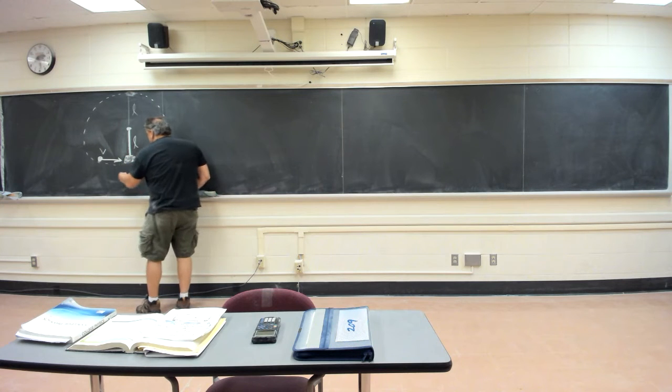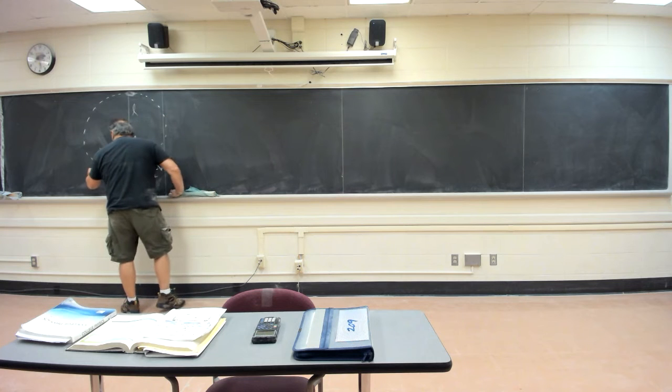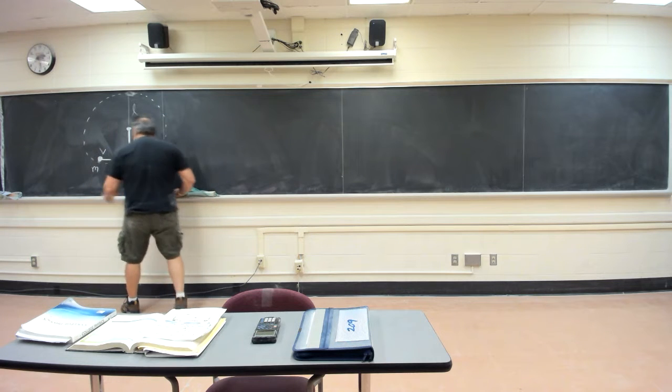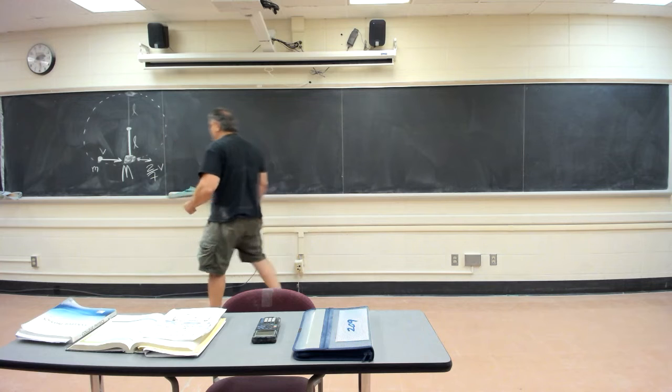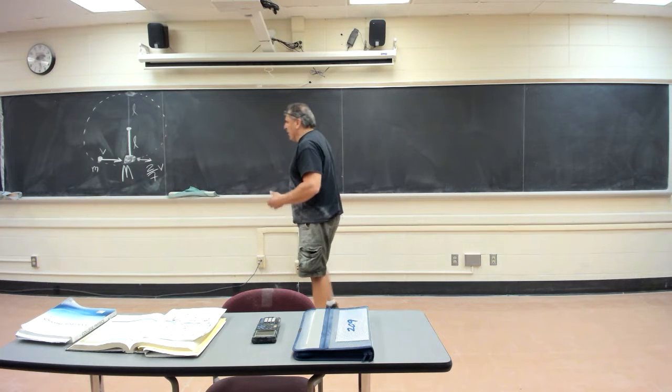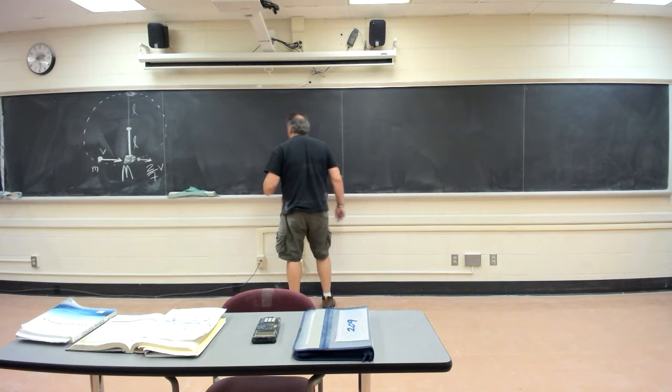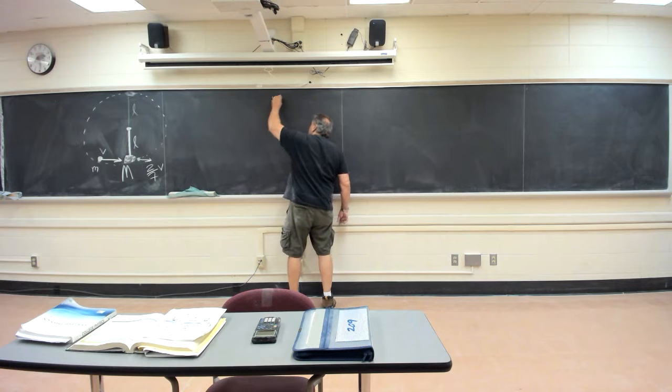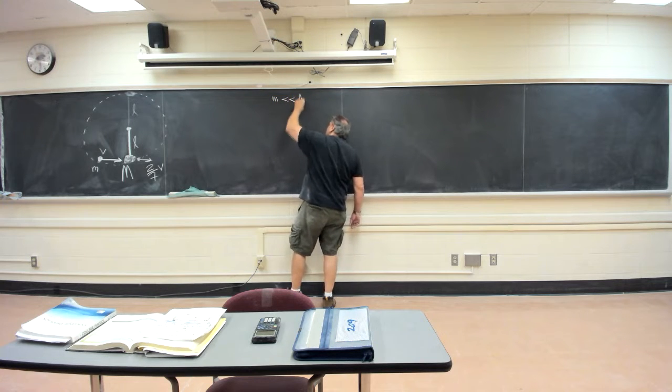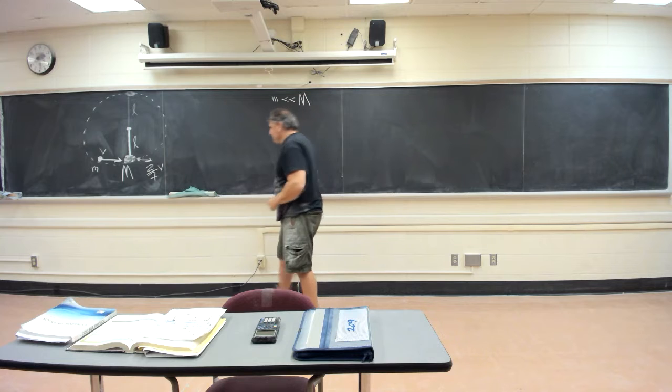The wooden block is mass capital M. The bullet is mass small m. It's negligible in size compared to the block. The bullet is much less massive than the block.